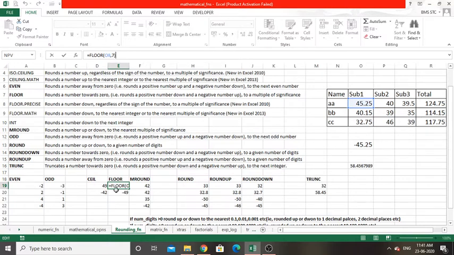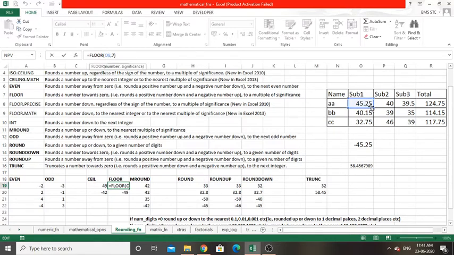You can pass any value as the significance here. We performed a floor, a rounding down, of this number, with the floor function on 45.25 with the significance value of 7.